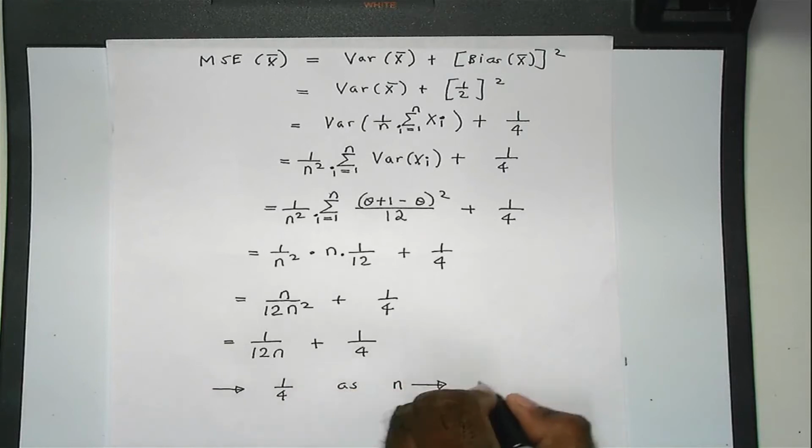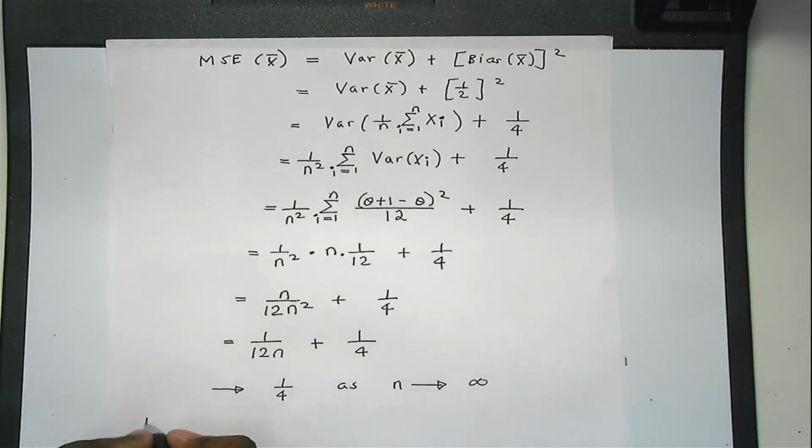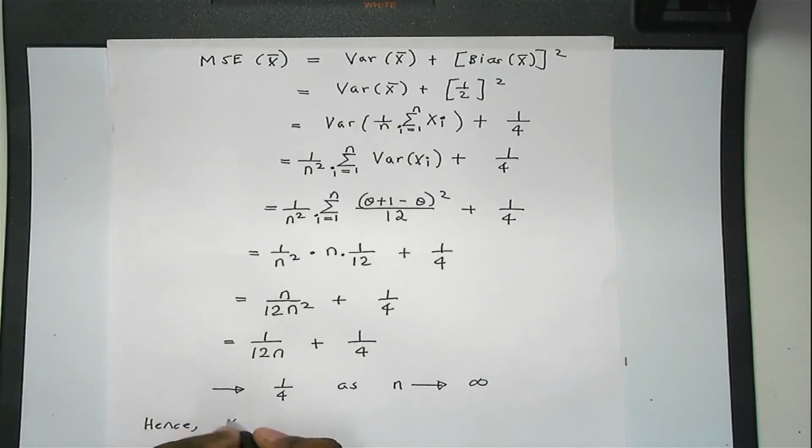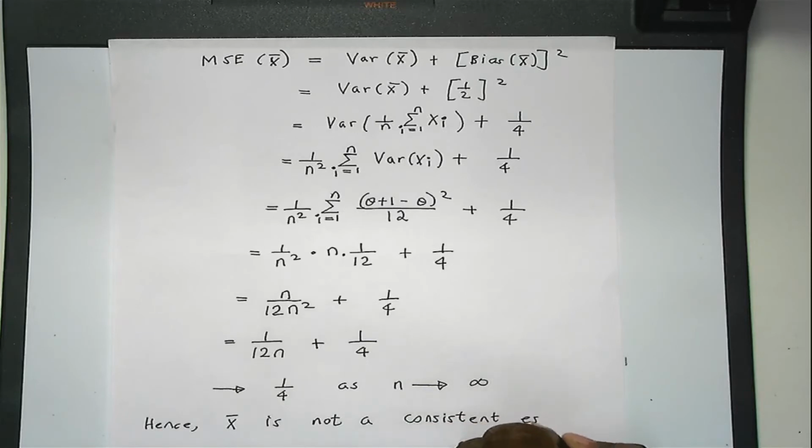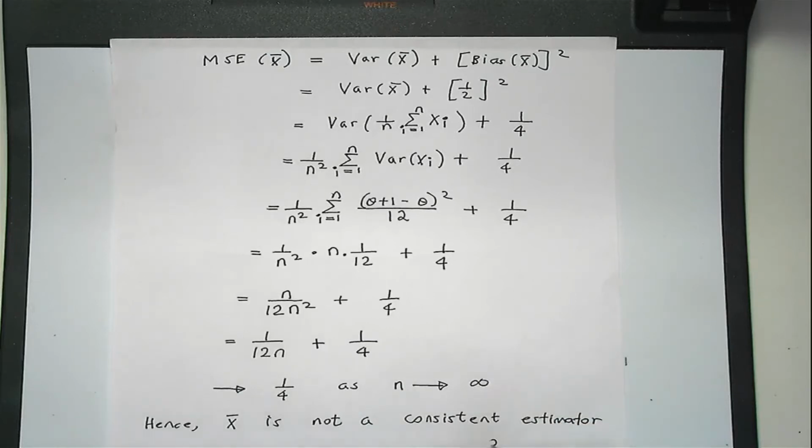Okay, so hence x bar is not a consistent estimator of theta, right?